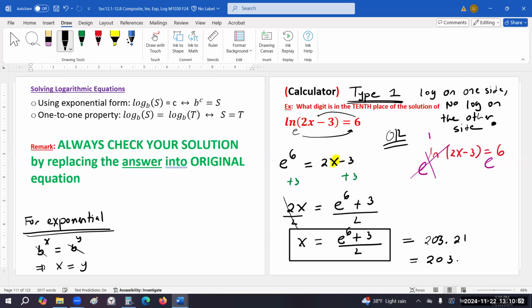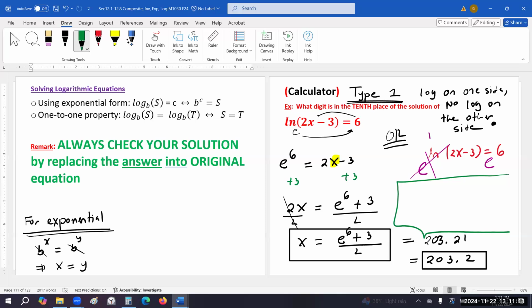So 203.2. And if it was not the calculator portion, for example e to the 6 plus 6 over 2, we have to break it into two fractions. Or you can leave it alone.